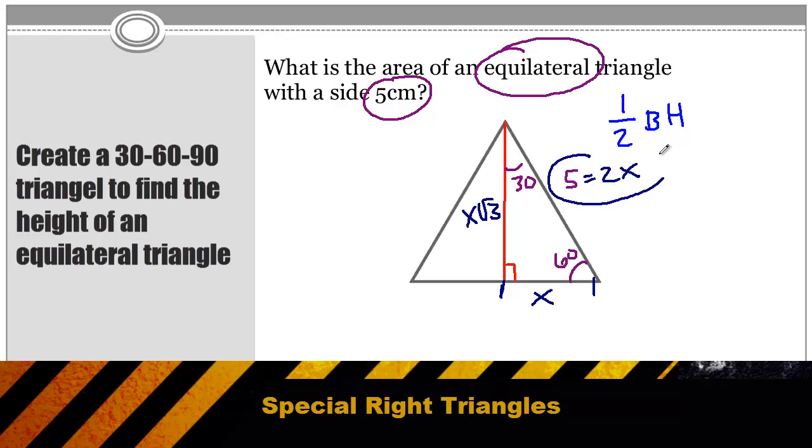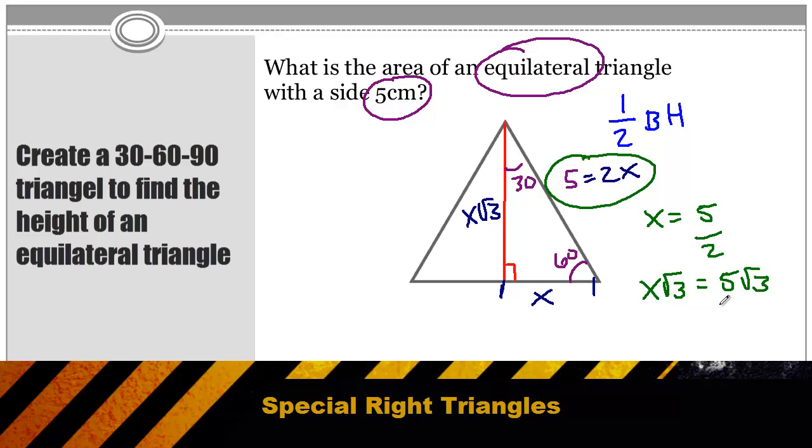My equation 5 is equal to 2x lets me know that x must be equal to 5 divided by 2, which means that my height, or x root 3, must be equal to 5 root 3 divided by 2.